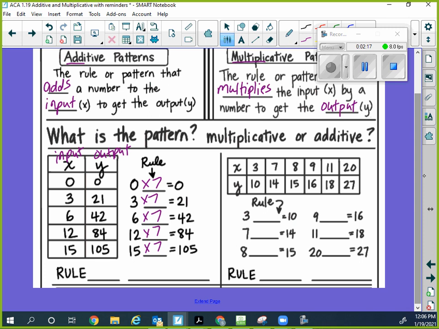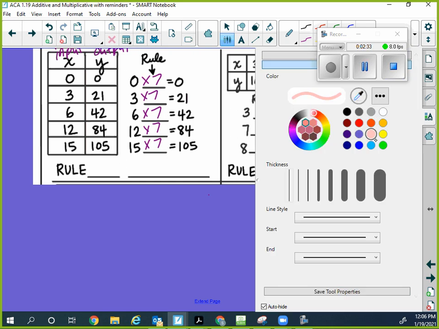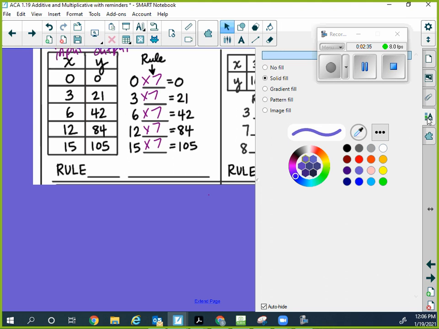So in this case, when we talk about the rule, we want to talk about an equation, okay? And so the rule was, I don't know if you guys can see this, hang on. Make it a little lighter. Hang on, sorry.